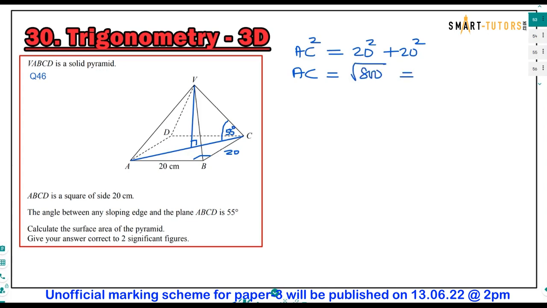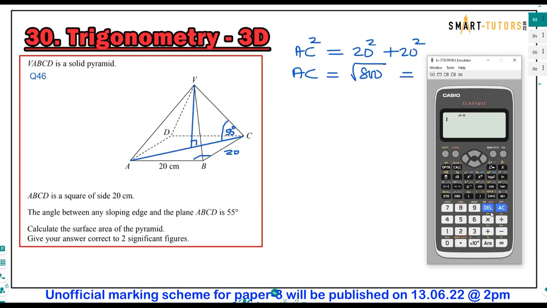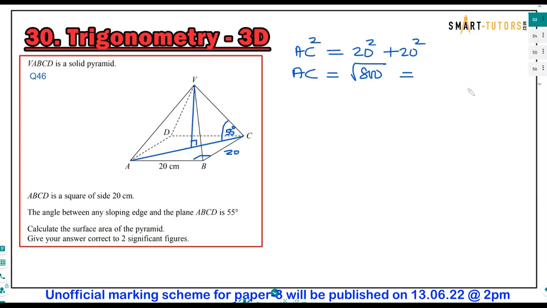The answer is square root of 20 squared plus 20 squared, which is 20 root 2, right? So AC we already found is 20 root 2. If I put M as the midpoint, MC is half of AC, which is 10 root 2, right?